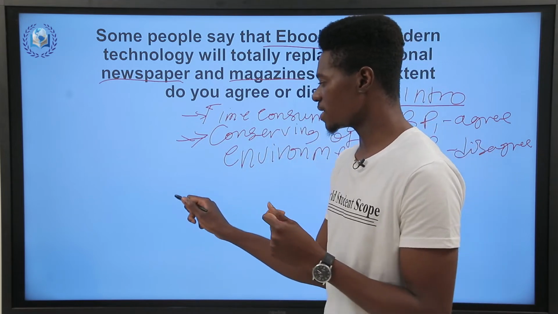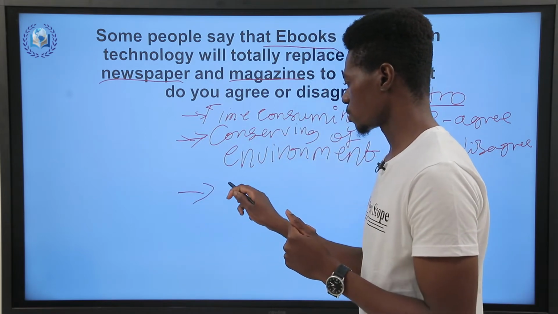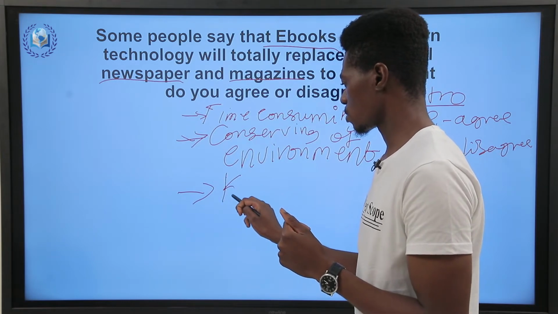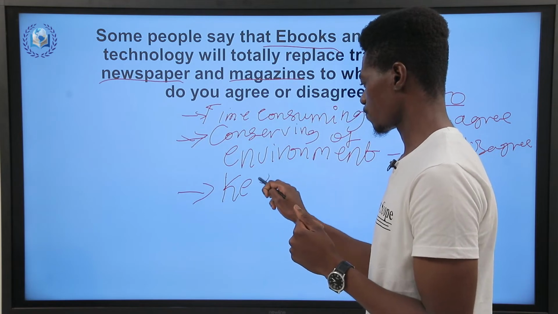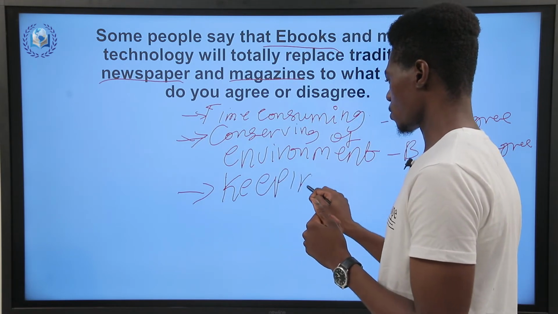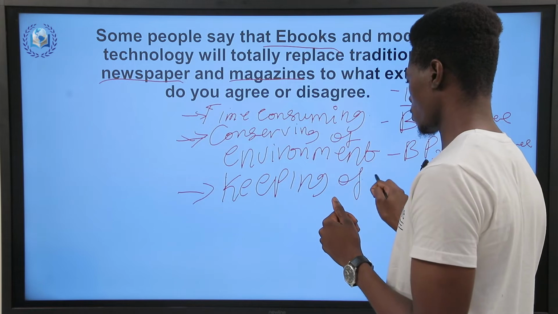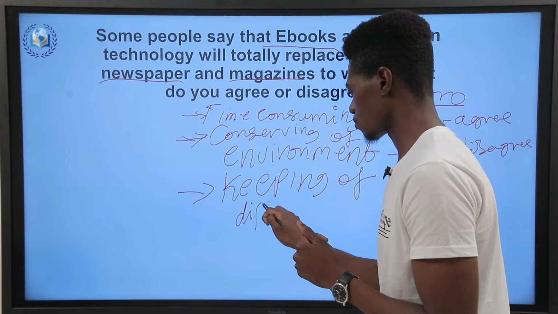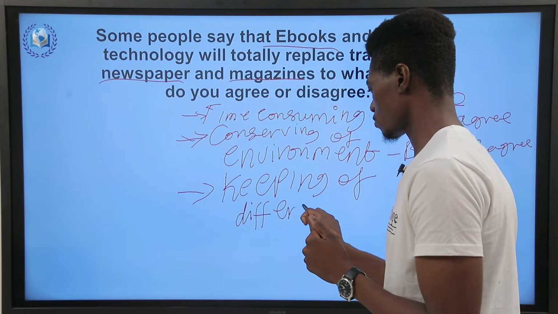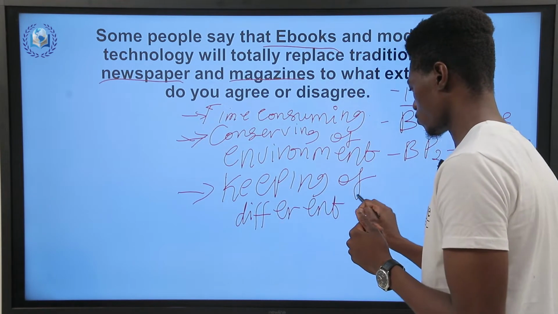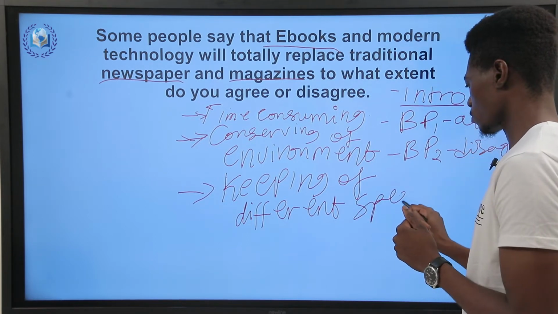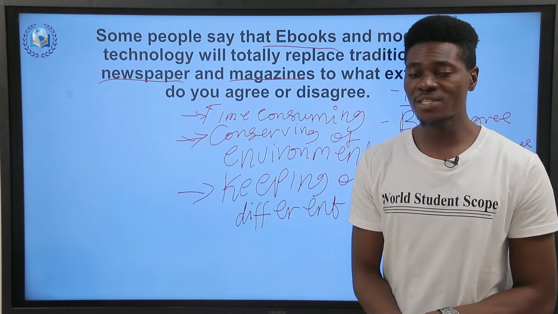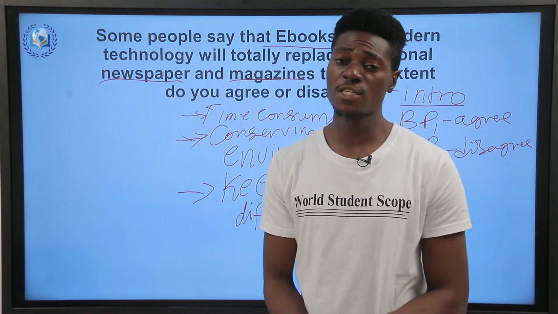Another point we can say, the usage of e-books helps to keep different species.